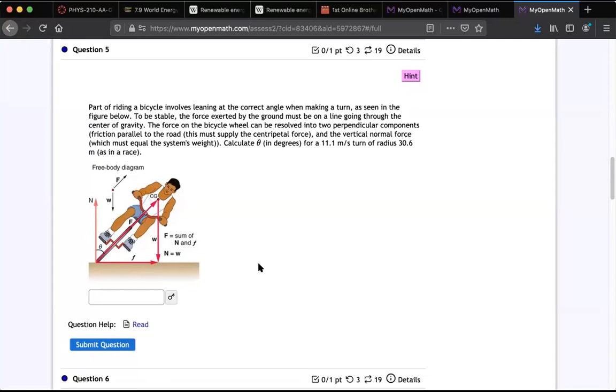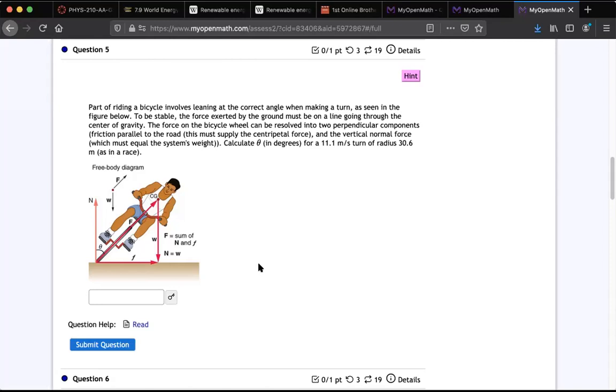And in order to be stable, what do they mean by stable? They mean you don't flop onto the ground, right? By the way, we're going to learn more about statics and stability after we've done rotational motion, and then you'll know more about what it means to be stable.